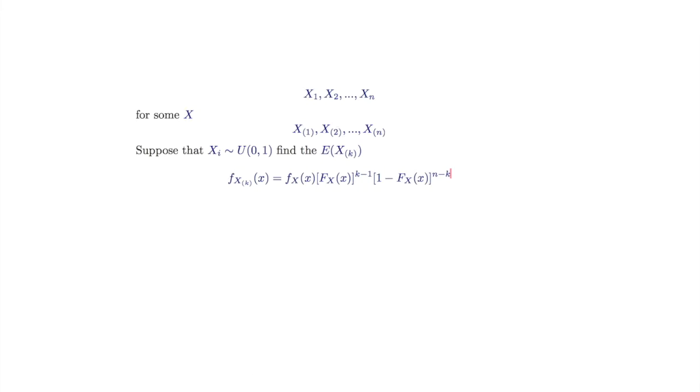Now, implicitly here we have a series of random variables in the CDF to the k minus 1 that we've chosen, right? So we've chosen some set of these variables to be less than x, and then they occur with probability less than x.